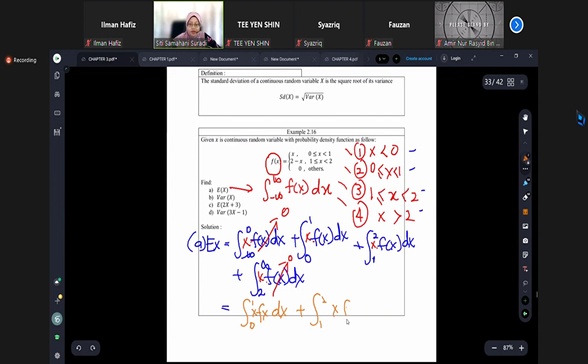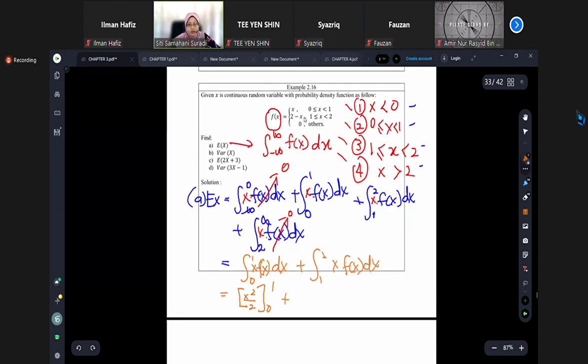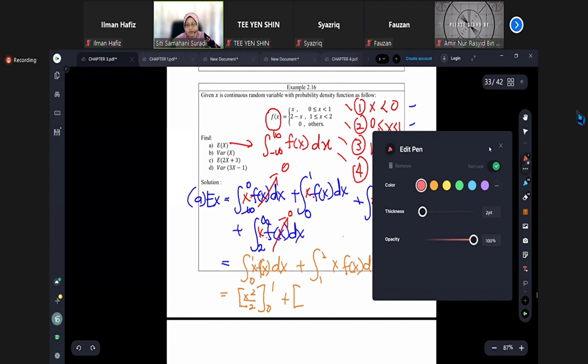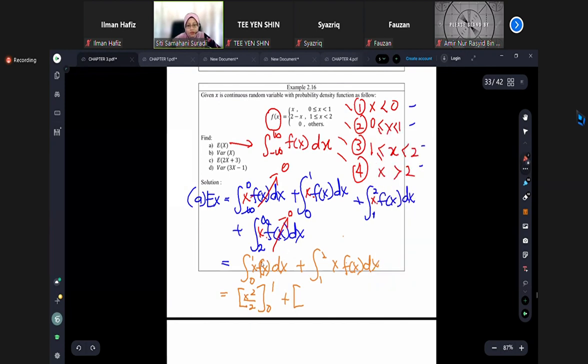For f(x), the first one is between x power of 2 divided by 2, from 0 to 1, plus integration from 1 to 2. Substitute this one. Supposedly between 0 and 1 it is considered x, and this one is considered 2 minus x.